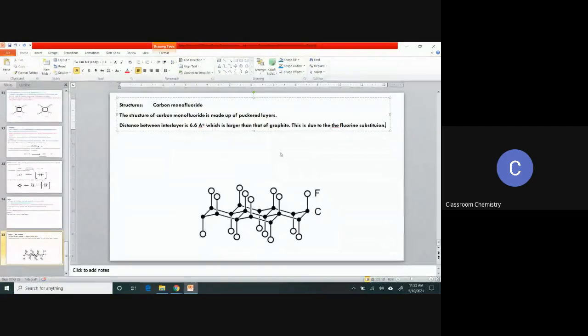What is the reason? Simple, because of the fluorine substitution.